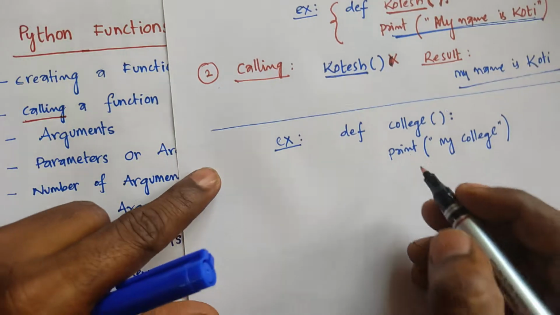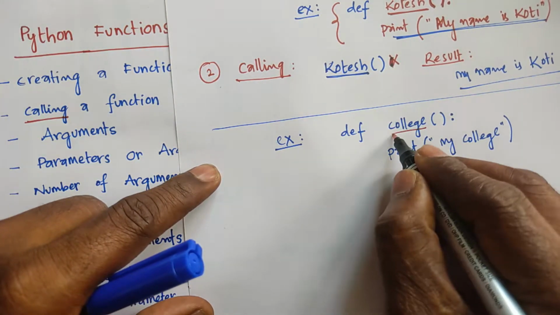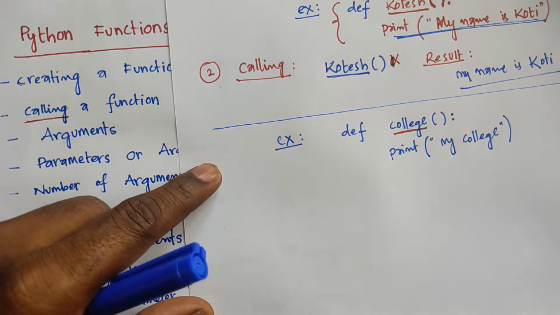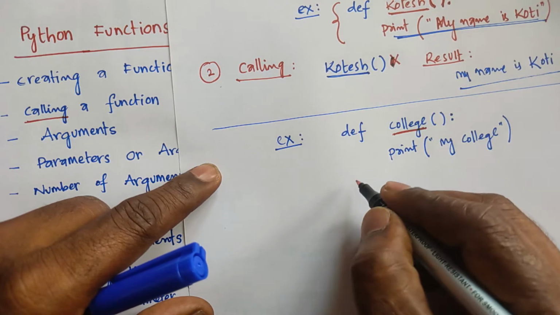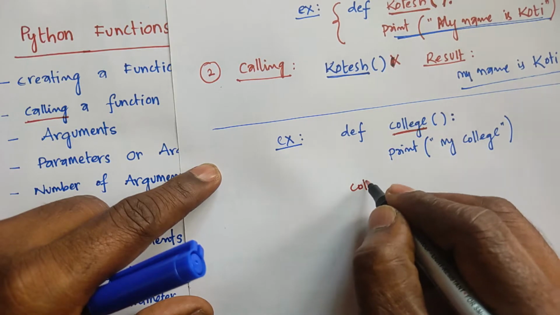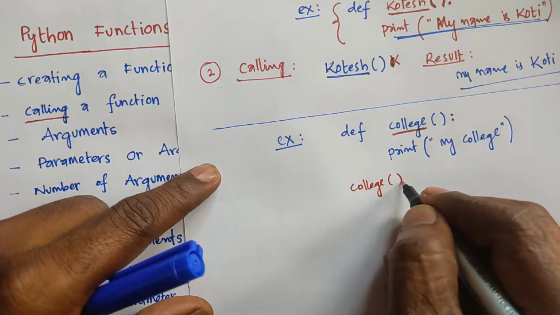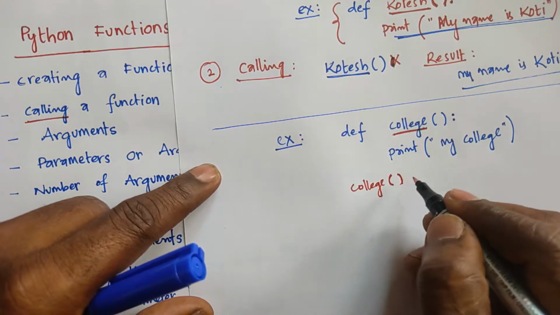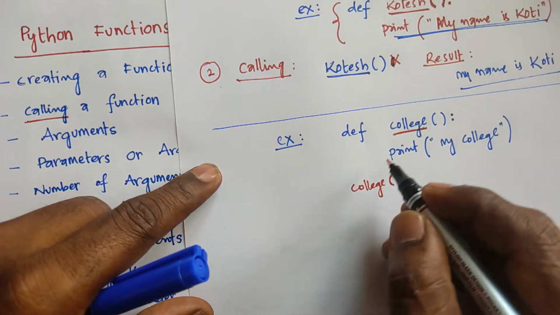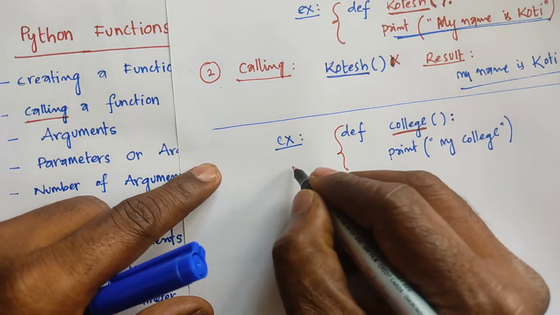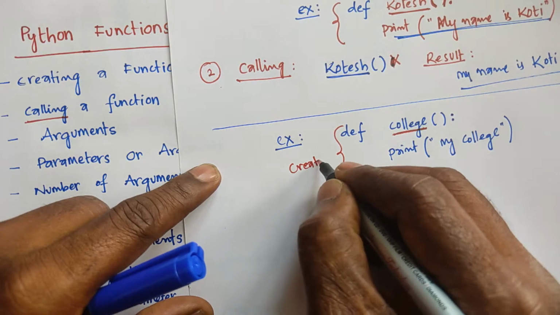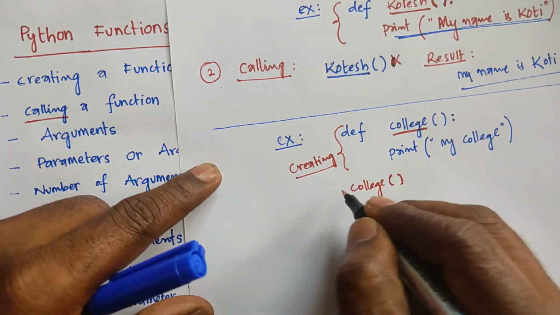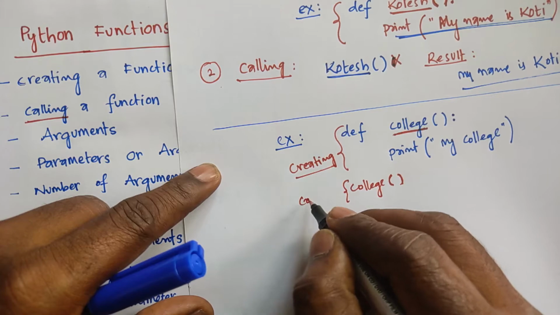So this is defined with the function name college. Now I am writing college with brackets, without the colon. These two lines are creating a function, and this line is calling.